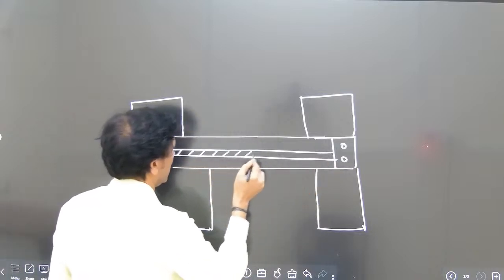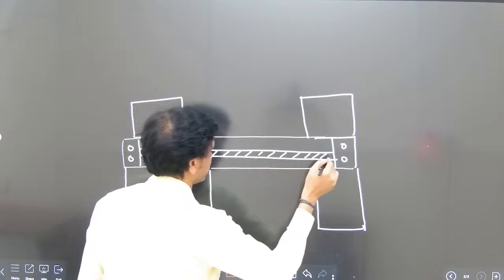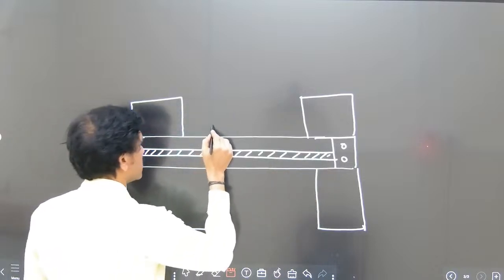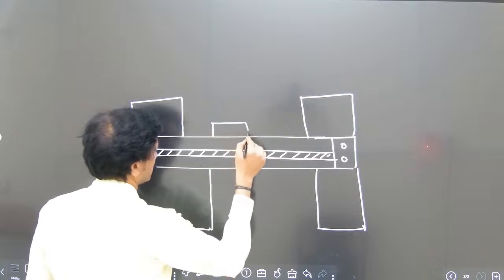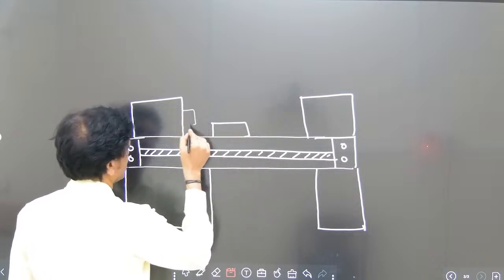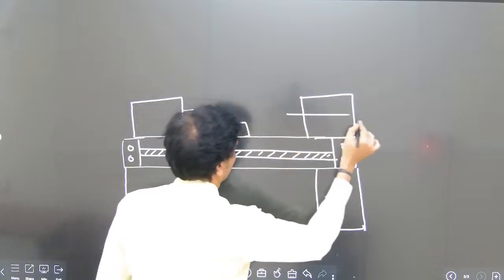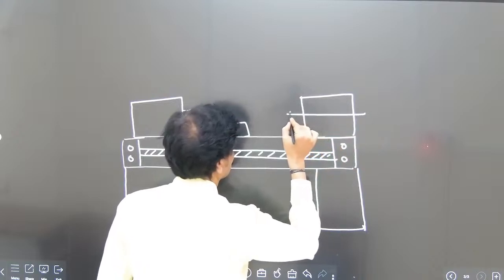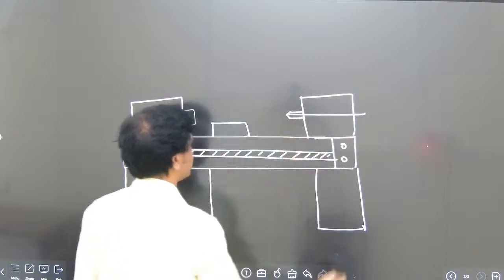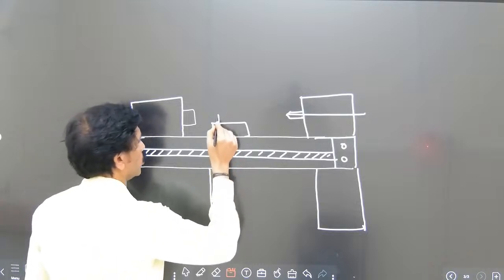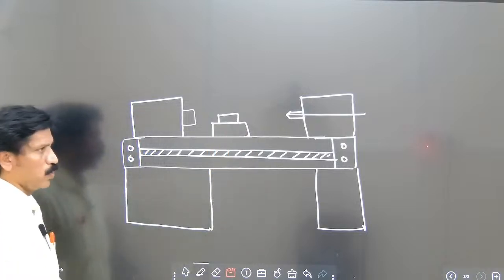This is only the line diagram of the lathe machine, and here it is observed as the carriage. This is the carriage. Directly there is a hole or a spindle which is going to be observed here, and here the tool post is there. This is the tool post.